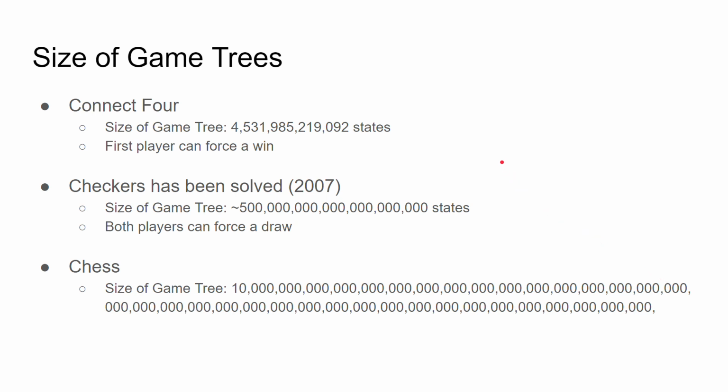There's another bunch more zeros, and another comma, and another bunch more zeros. That's a ridiculously big number. You would need a computer significantly larger than the size of the universe in order to even encode that.